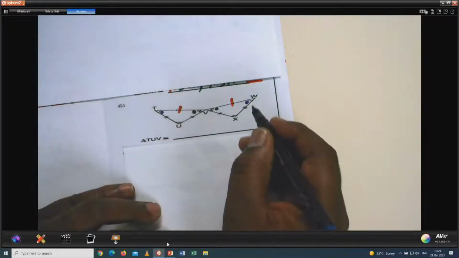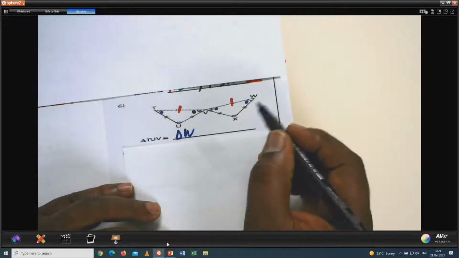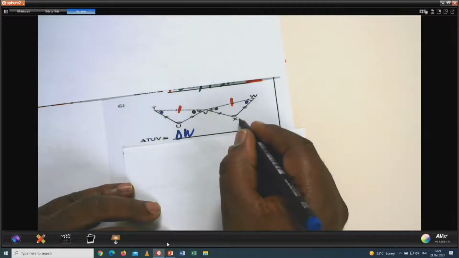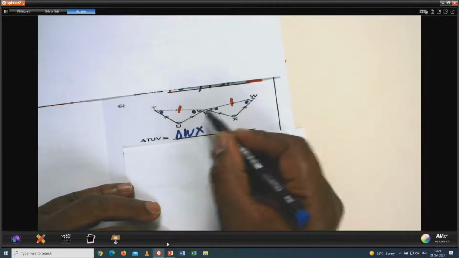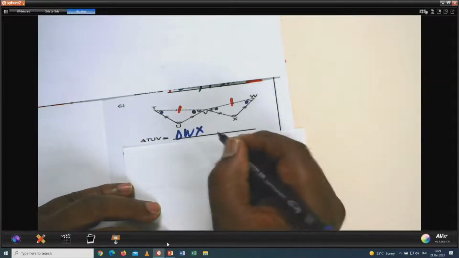Whatever you see, you're looking for whatever is equal, because remember our mission is to show the triangles are the same. We need to look at 3 things that are equal. What do we have here? I have your T, which is W in this case. Then where's your U? U is down here opposite the red side. Opposite the red side is X. V is next to each other here on the triangle.